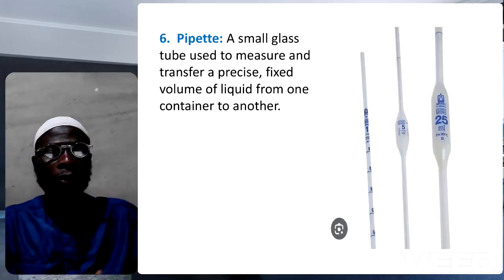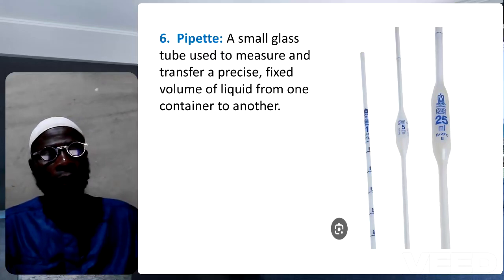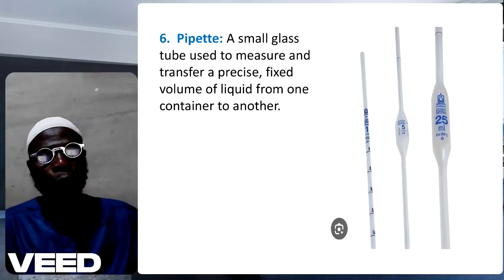The next one is a pipette. A pipette is a small glass tube used to measure and transfer a precise fixed volume of a liquid from one container to another, precisely used to transfer the volume of a base during titration. As explained earlier, we pour the acid into the burette and take the measurement of the acid, and we use this pipette to take the measurement of a base.